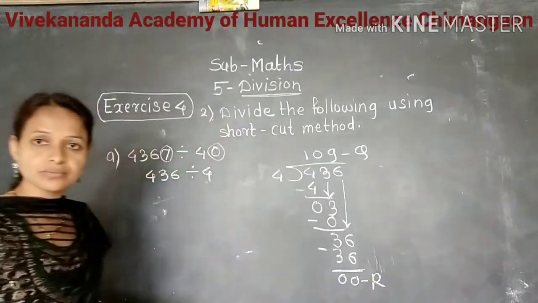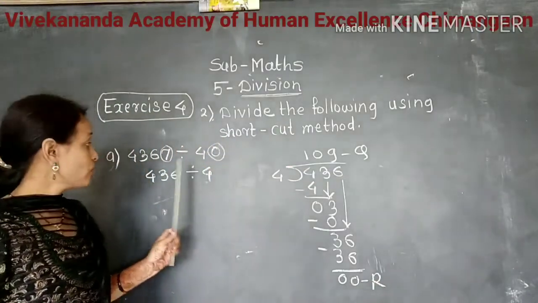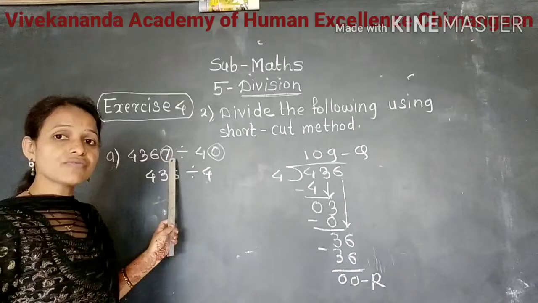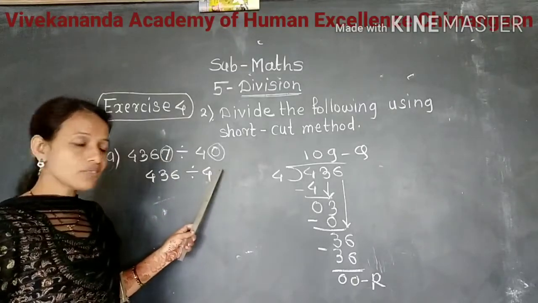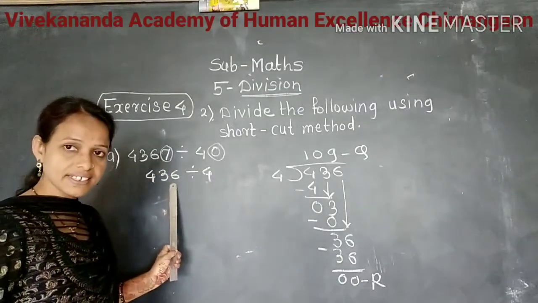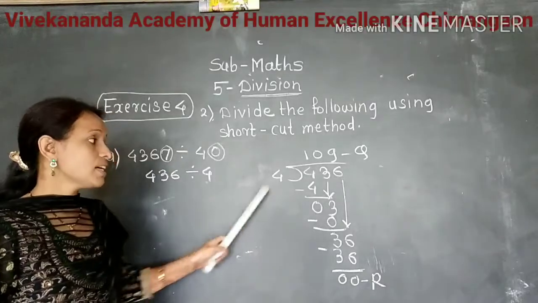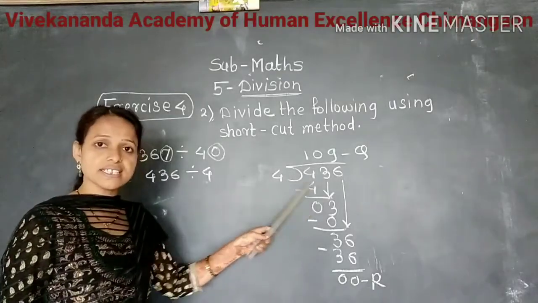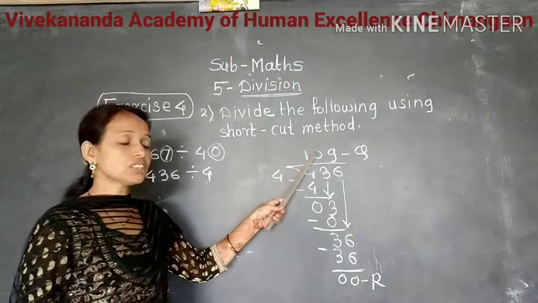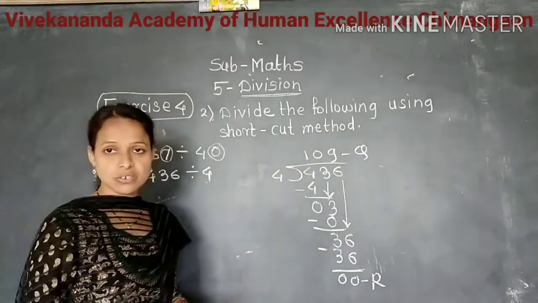Okay, here in the first step we removed the ones digit from dividend and divisor. We got new dividend 436 and new divisor 4. Then we divide 436 by 4 and get quotient 109 and remainder 0.